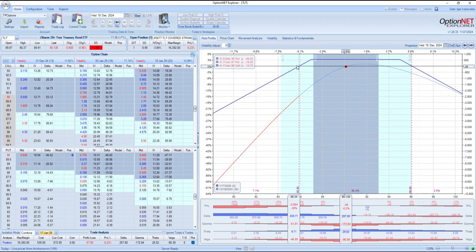I will know what my cost bases are. I will input all of that information into Option Explorer, which will keep track of my break even and all of the credits and all of the debits and whatnot. So I know exactly what my cost bases are.